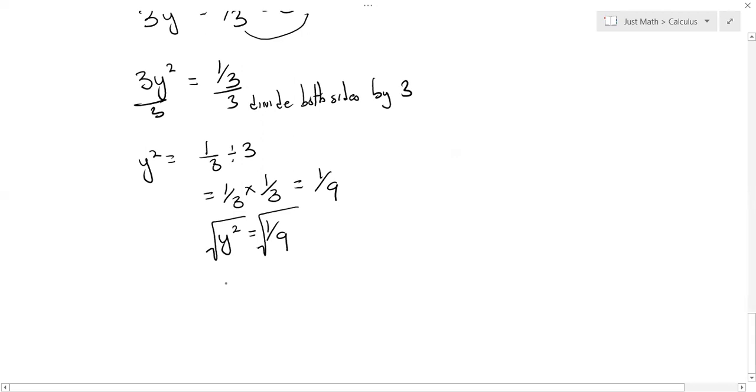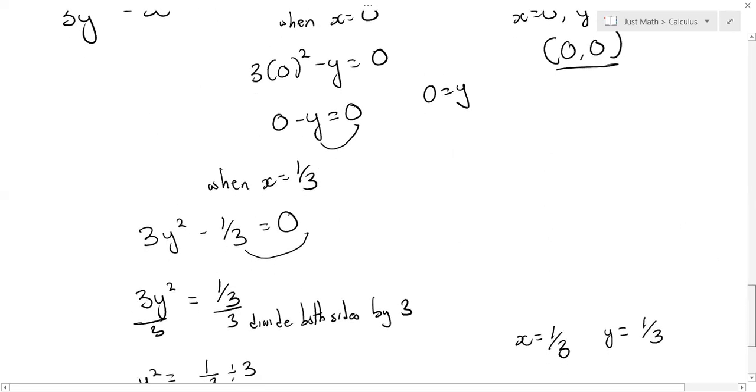The square root of y squared is y, and the square root of 1/9 is 1/3. So when x is 1/3, y is also 1/3.